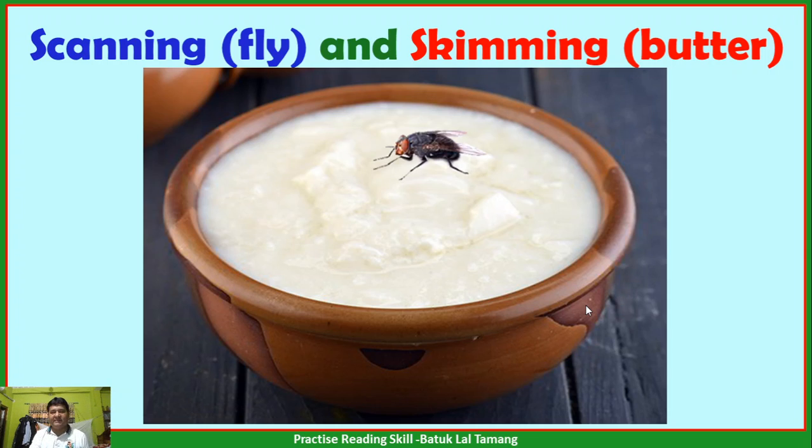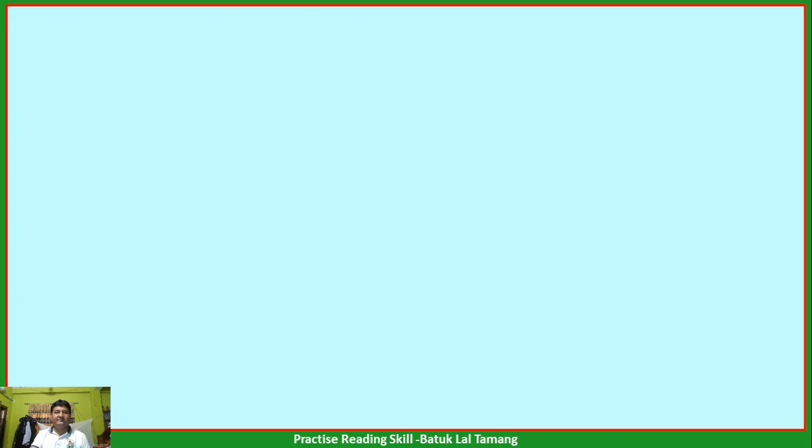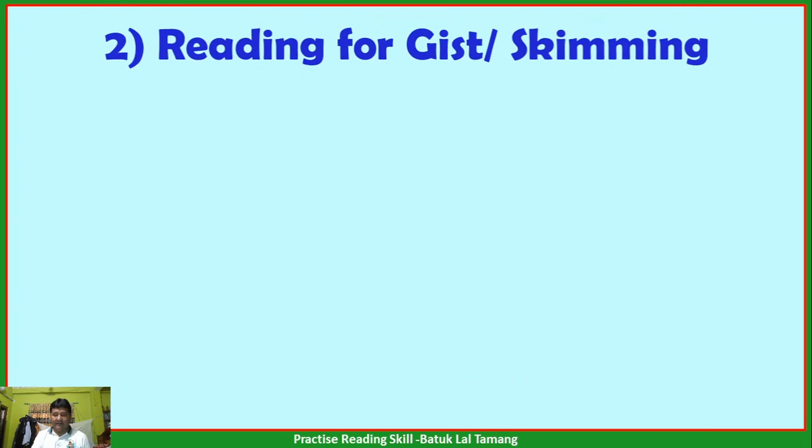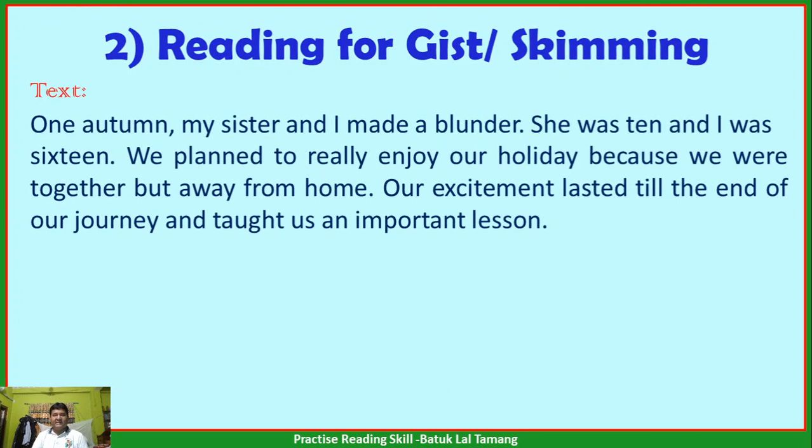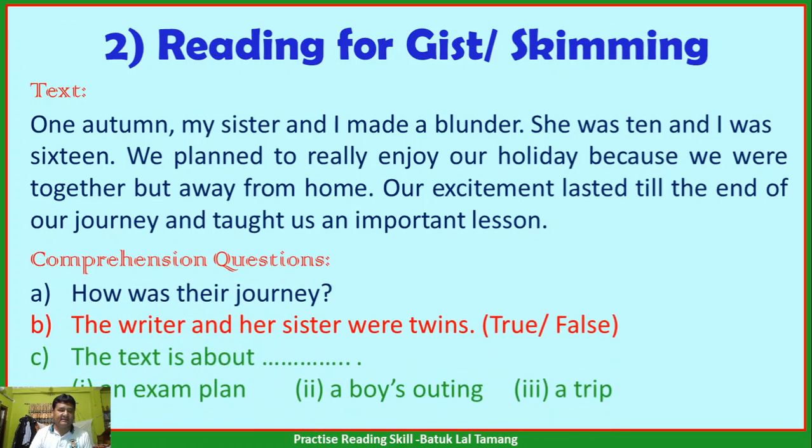Let us practice some skimming type of questions. The testing item that practices the skimming sub skill of the reader. The same text. One autumn, my sister and I made a blunder. Look at the testing item. How was their journey?